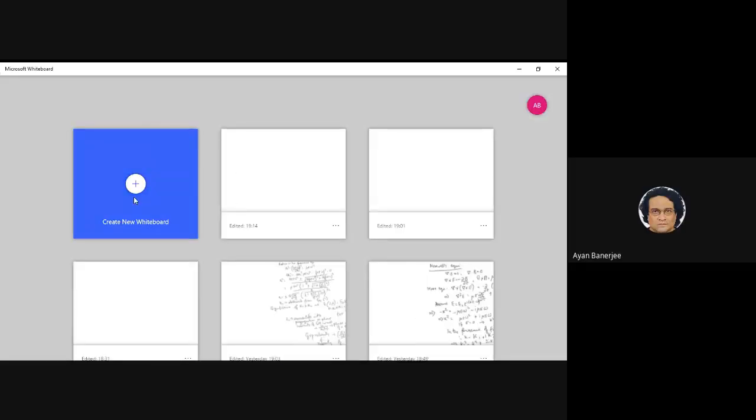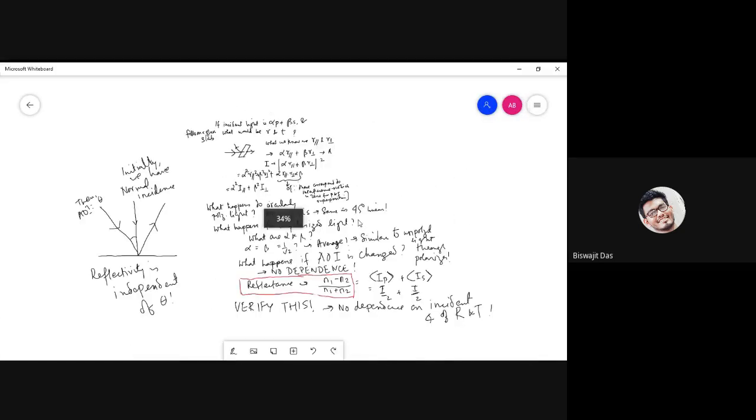Sir, can you get back that previous slide where you have taken the mixed polarization, S and P? Here alpha and beta can be anything, right? And you find that the amplitude is simply alpha r perpendicular plus beta r parallel.